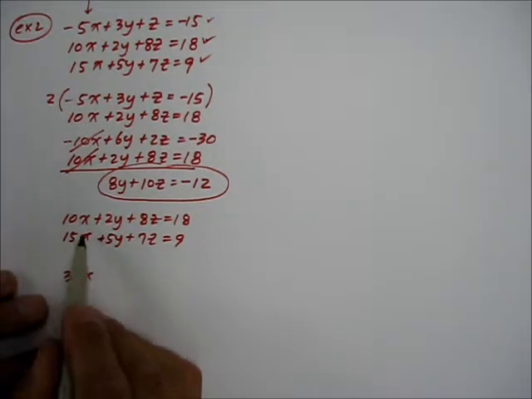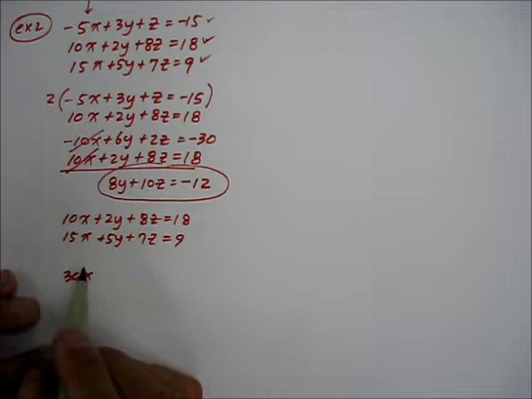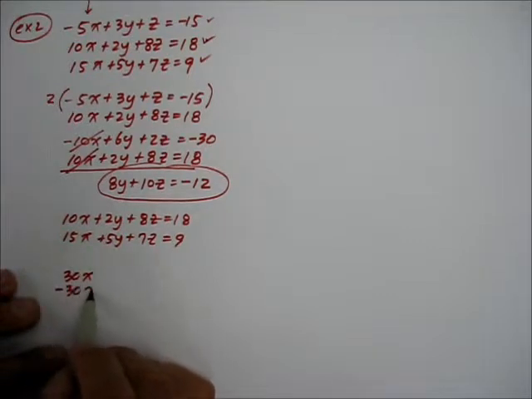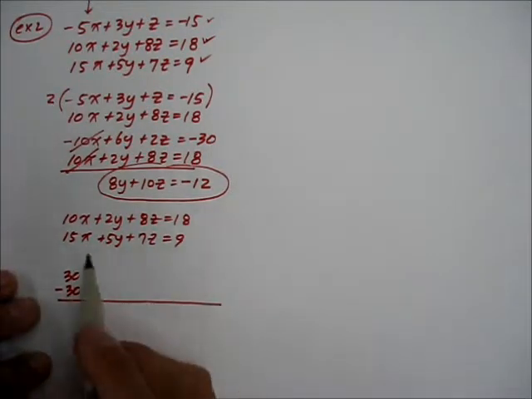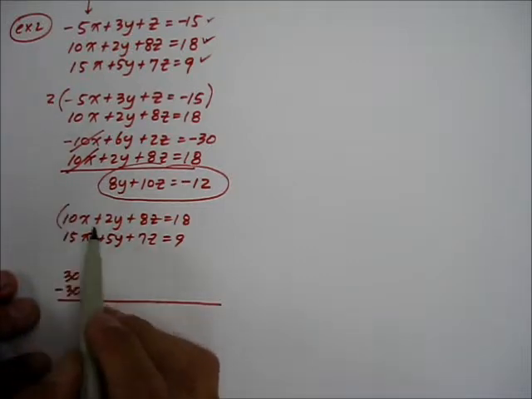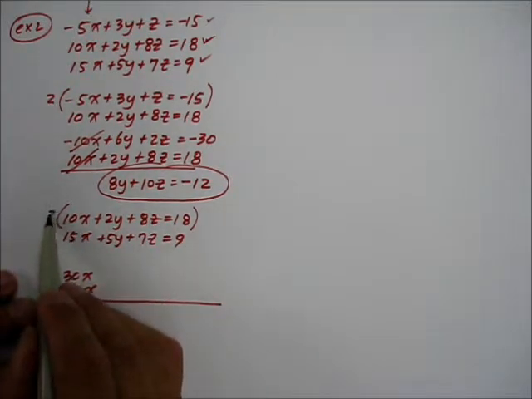I want this to become 30x, and I want the second one to become negative 30x, so that when I take the difference of it, they will cancel out. But how does 10x become a 30x? Well, you have to multiply the entire equation by 3.